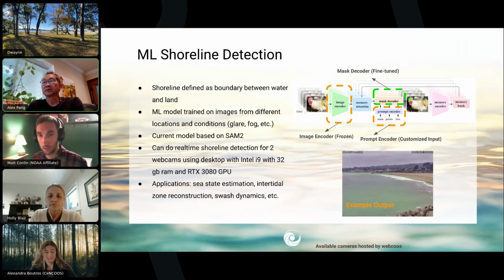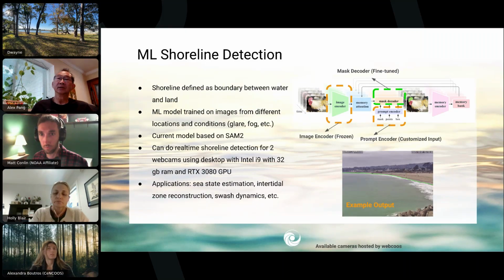It's pretty inexpensive, in the sense that you could run 2 streaming feeds from any WebCOOS camera. And this one we're running off an old desktop, which has a 3080 GPU, introduced about 5 years ago, so it's fairly dated in terms of computer years.